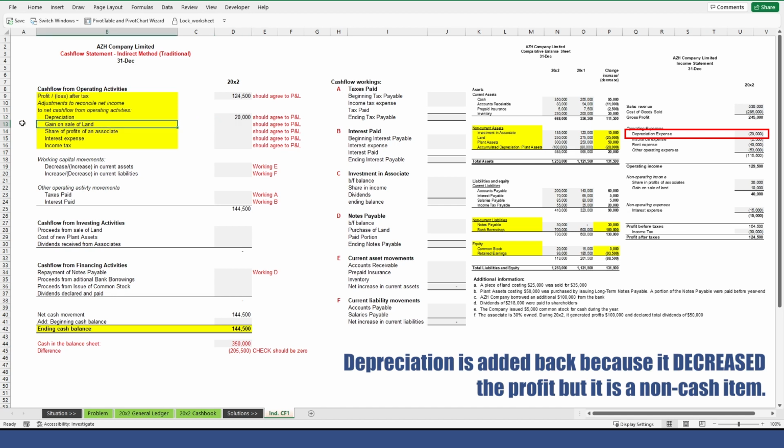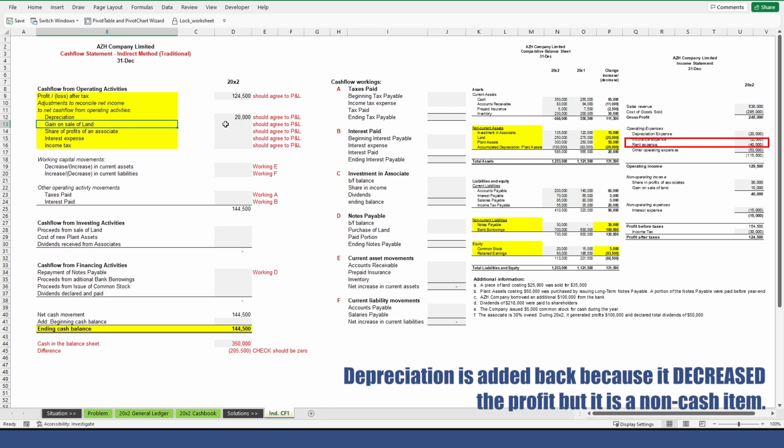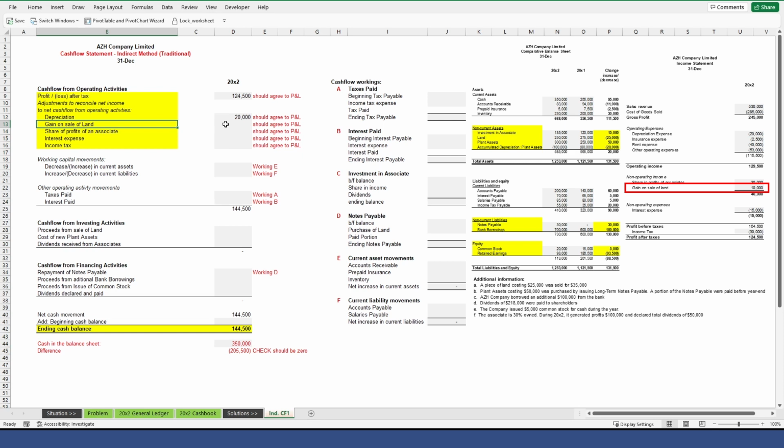Same goes for the gain on sale of land. We have 10,000 gain on sale of land in the income statement, which means that the 124,500 was increased by 10,000. But since it is an investing activity, we have to remove this 10,000 from this 124,500.